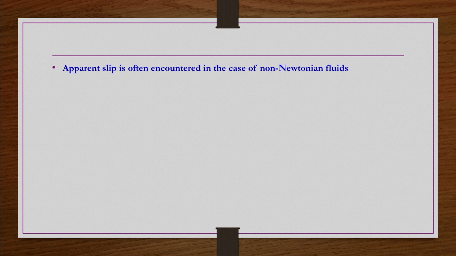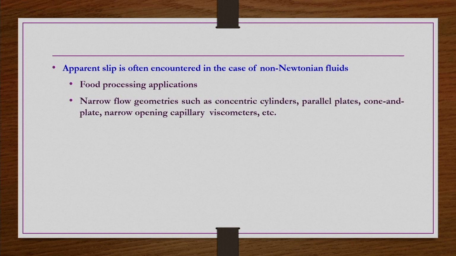And this apparent slip is often encountered in the case of non-Newtonian fluids, like in food processing applications, and narrow flow geometries such as concentric cylindrical rheometers, parallel plate rheometers, cone and plate rheometers, narrow opening capillary viscometers, etc. So that means in almost all rheology measuring systems, rheometers or viscometers, we may have fluid slippage at the wall, because in all such geometries in general we have narrow passages.